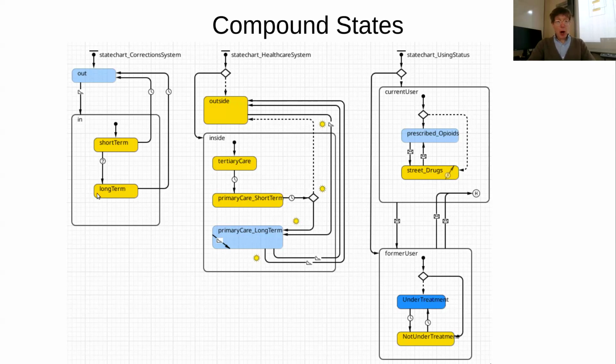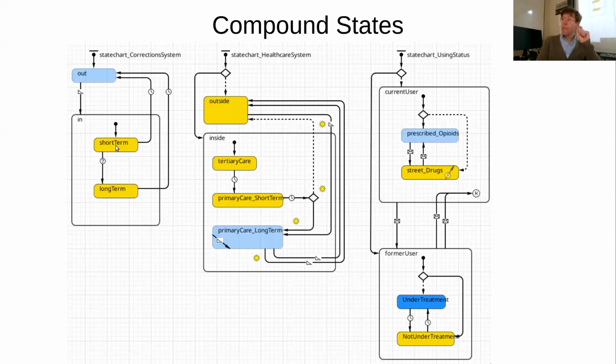But when we have a compound state, we also need a state chart that will say, when we come into that compound state, whither we go. Where do we start? So what you see here are examples of compound states in each of these separate state charts. And I want to highlight a few features.